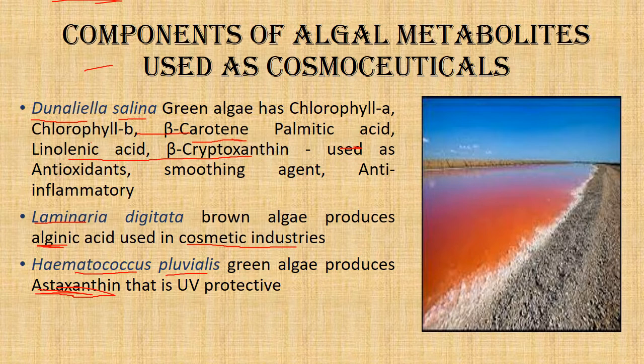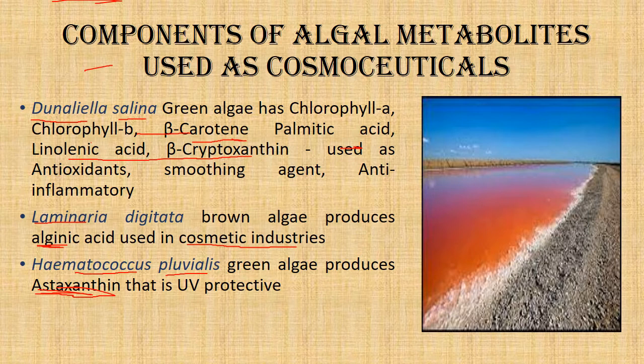Next algae is Laminaria. Now Laminaria is a very common algae because it has been used traditionally as a fertilizer. It is dried and burned so that the ash is rich in potassium, and it is also used traditionally as a source of iodine. Many centuries back, it was used as a traditional source of iodine.